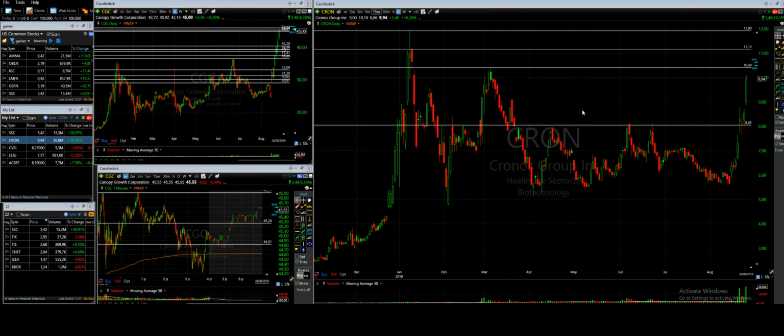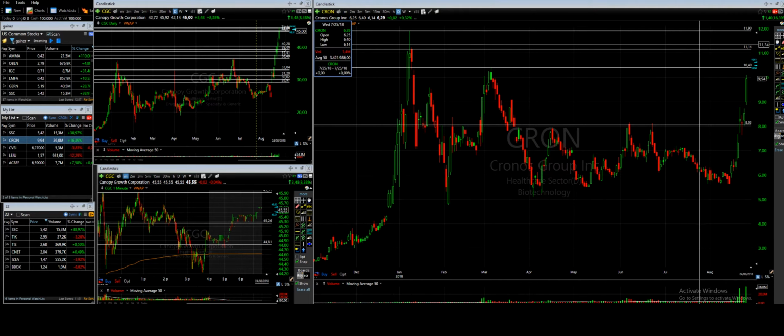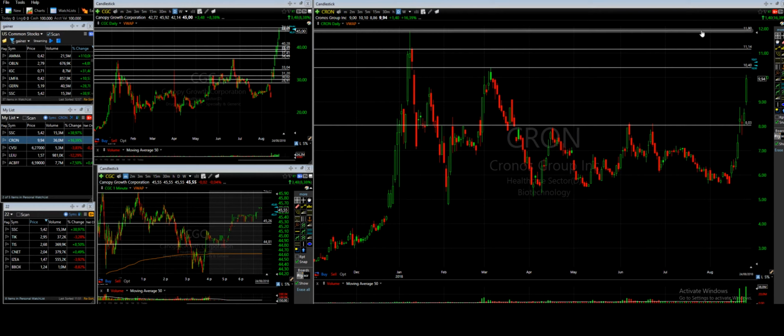So what I would like to see on the daily chart is a spike towards 11.14 to the 11.50s to start in small on the short and add towards my risk, which will be $12.